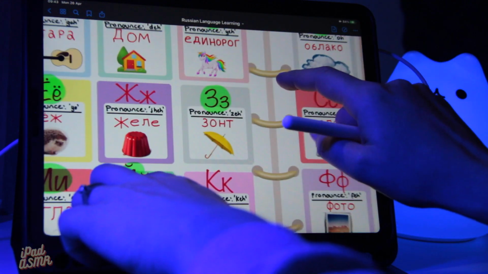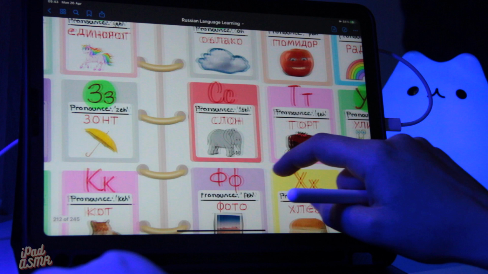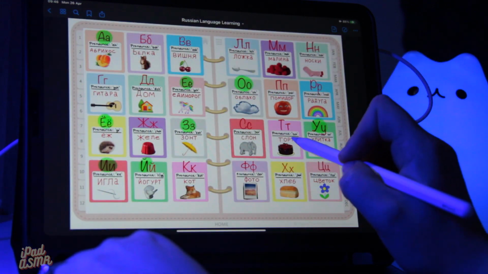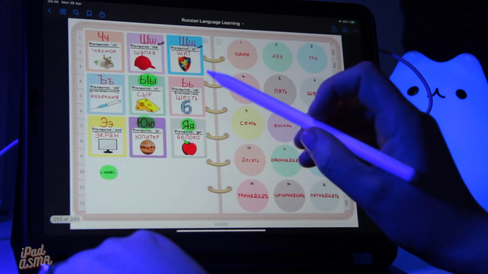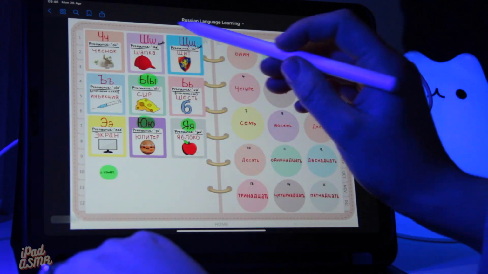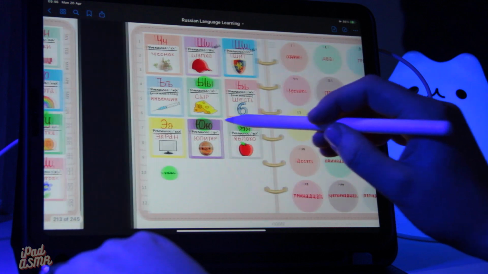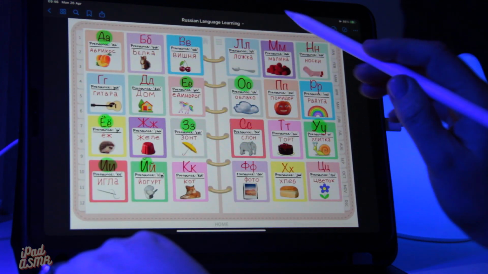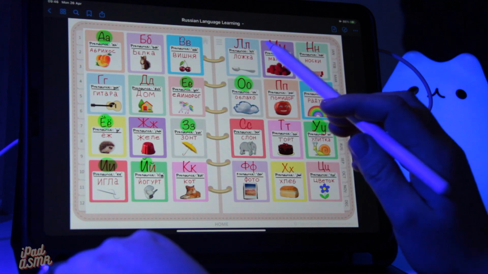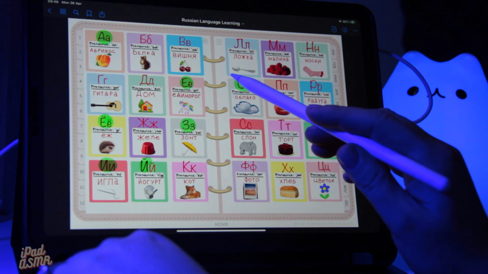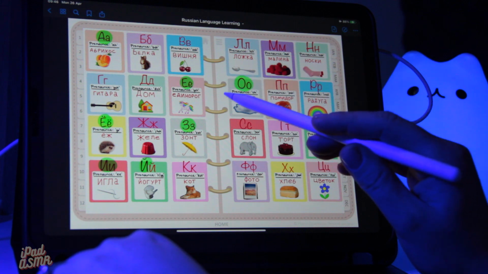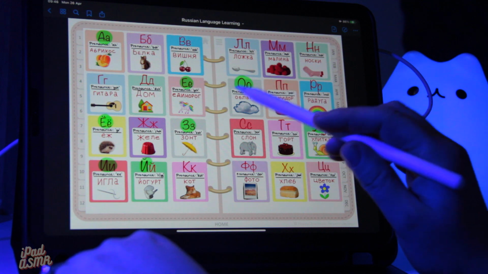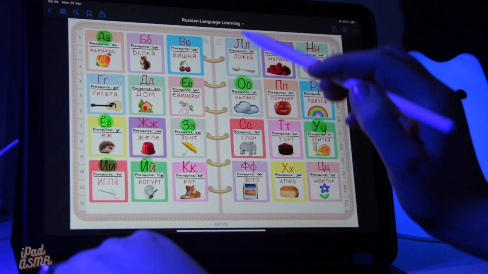So I will put a link down in the description box if you missed that, because it's a really good look into how the words look in the Russian language, because they are just a little bit different to what they are in English. And if you're going to be following along with my revision here, you'll probably want to just familiarize yourself with the letters.